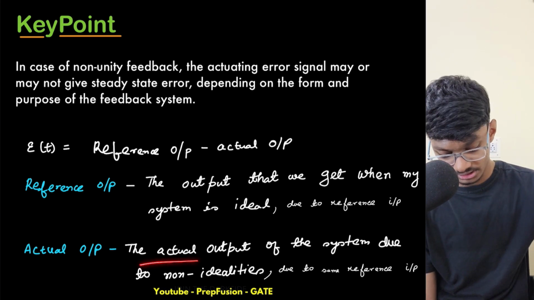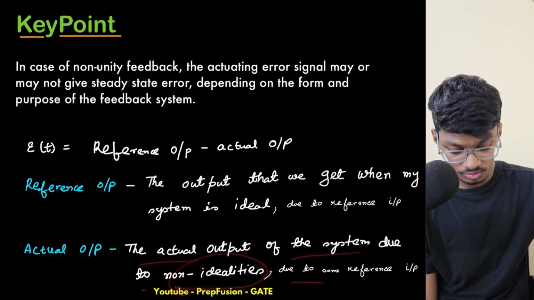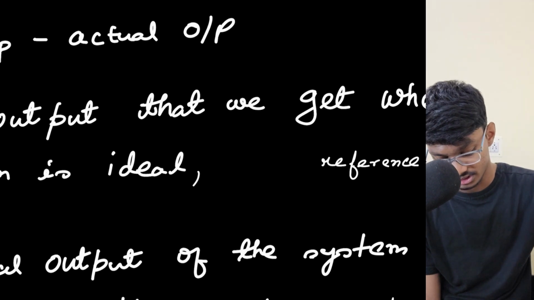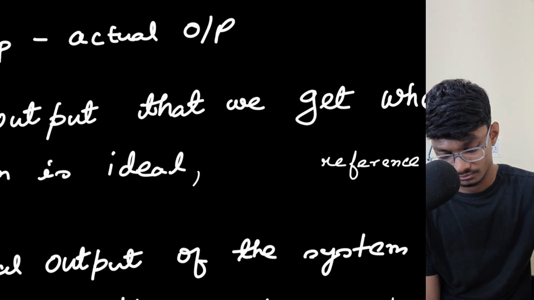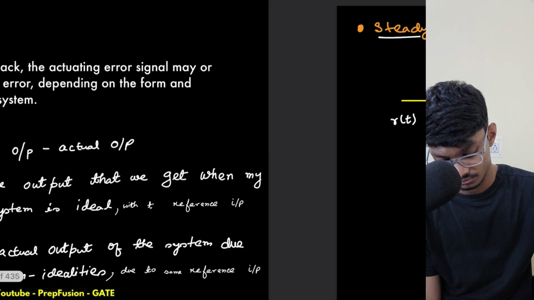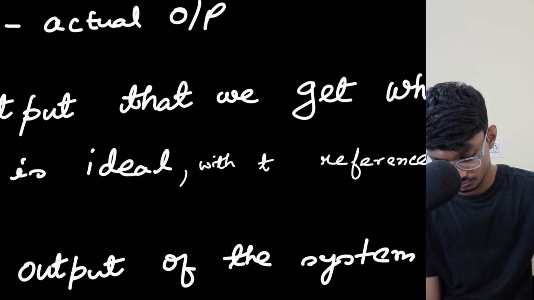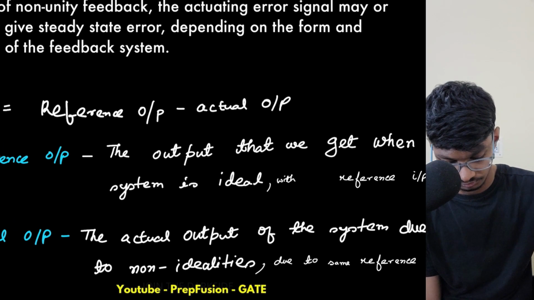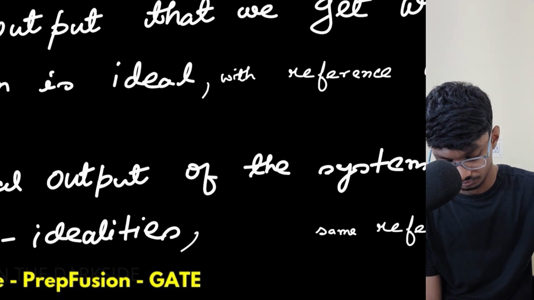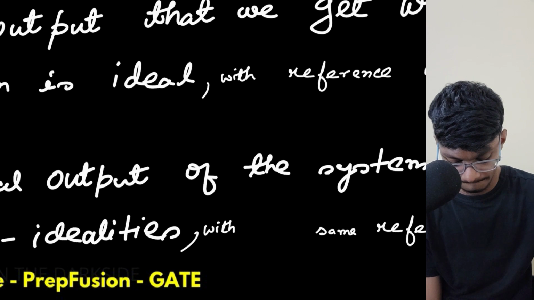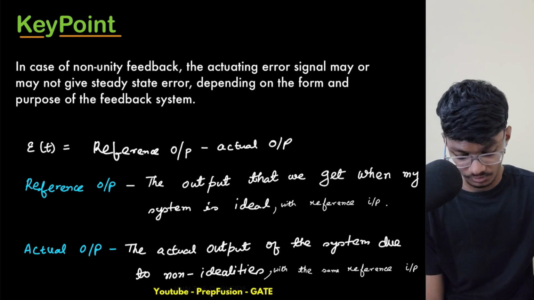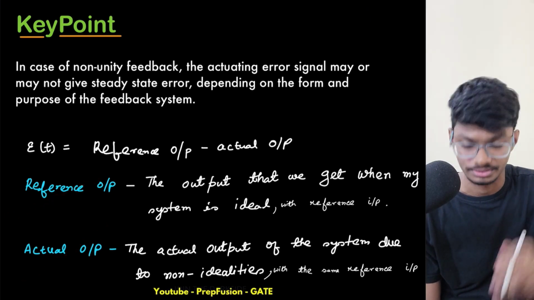My actual output is the output of the system with non-idealities, with the same reference input. So this is what my actual output and reference output are.